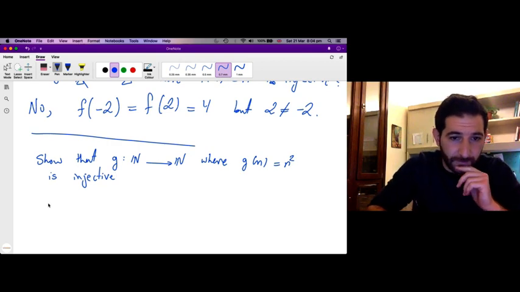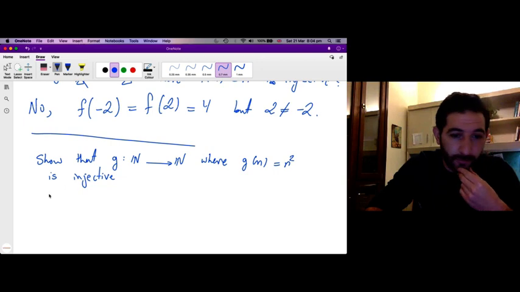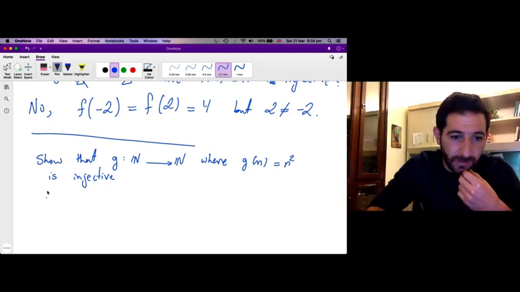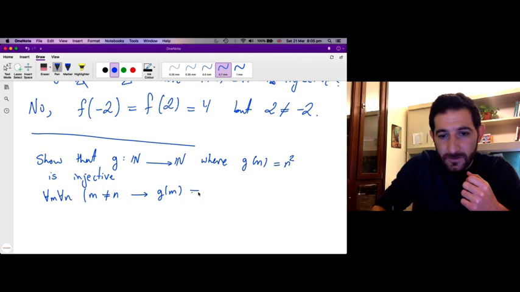So let's see, again, what do we need to prove? We will show that for every m and n natural numbers, if they are different, then their images are different.